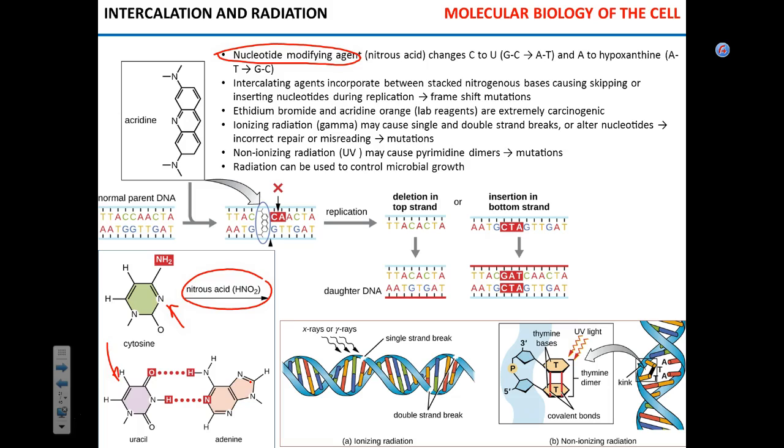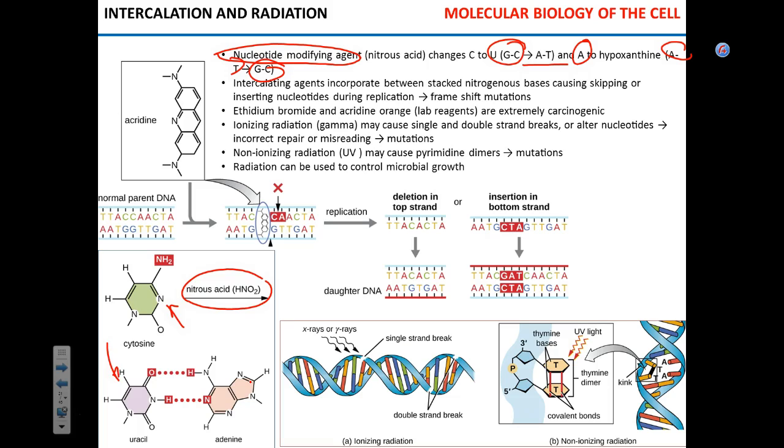G. Now uracil is going to pair with adenine, so after next rounds of replication you have CG to AT substitution. Okay. And vice versa, A is going to be changed to hypoxanthine, which eventually will lead to the replacement of AT pair to GC.